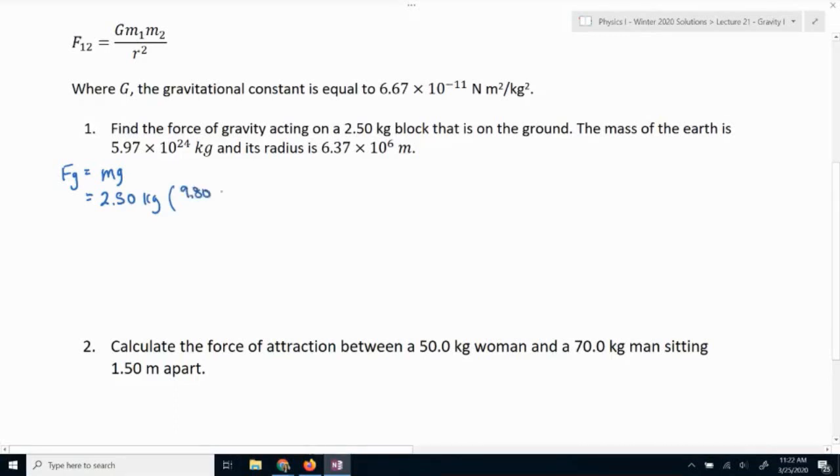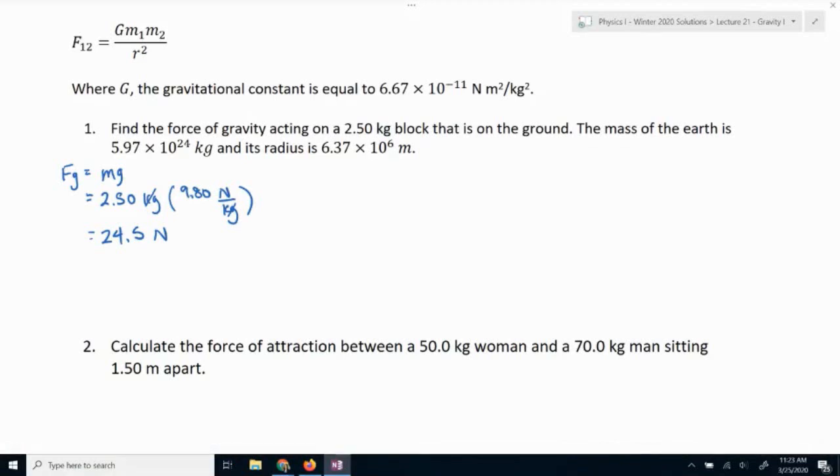Yeah, 9.80 newtons per kilogram, which is the same as meters per second squared. Okay, so when we multiply these, 2.5 times 9.8, we get 24.5 newtons because the kilograms cancel. So that's the force of gravity. We don't need to use any special equation because this object is close to the surface of the Earth.